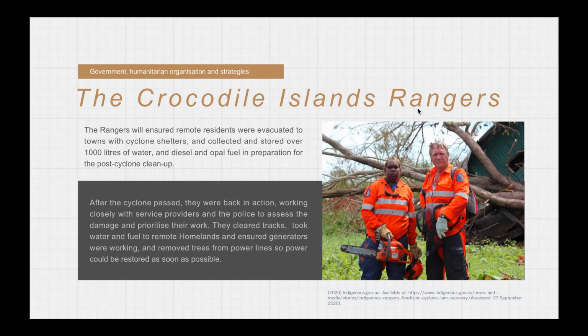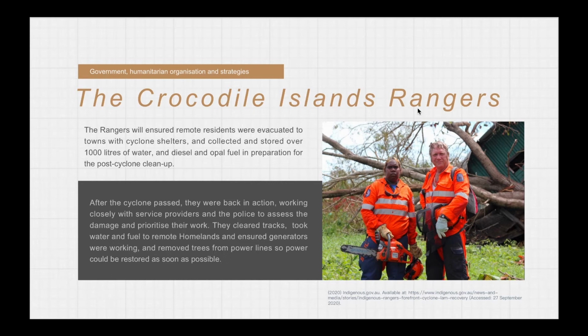the rangers ensure remote residents are evacuated to towns with cyclone shelters, and they collect and store over 1,000 liters of water. After the cyclone passed, they were back in action, working closely with service providers and the police to assist the damaged and prioritize their work.